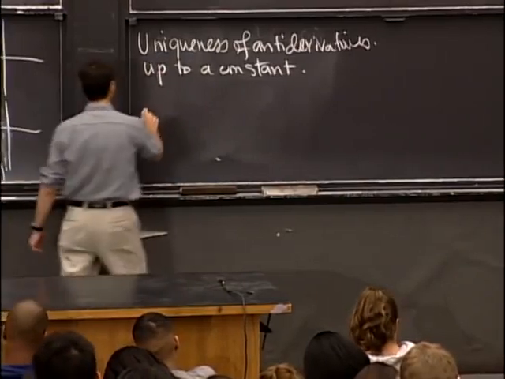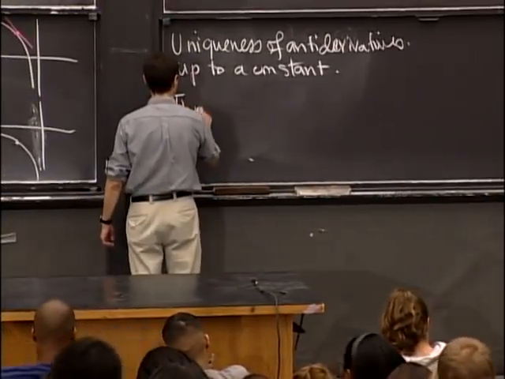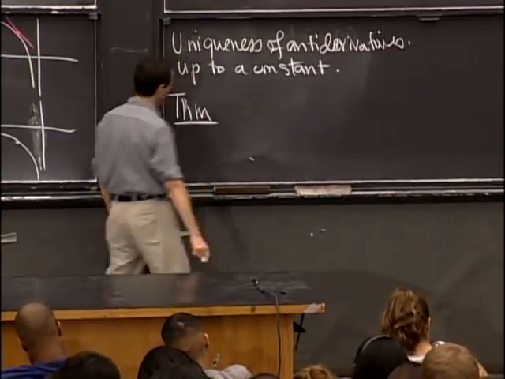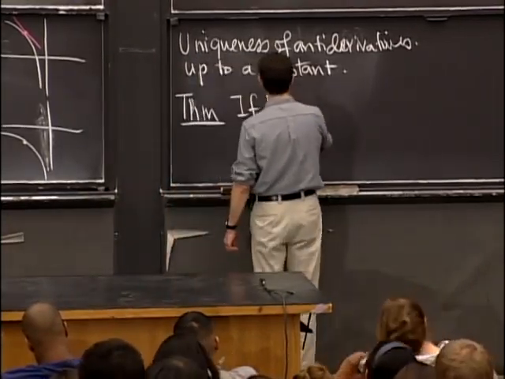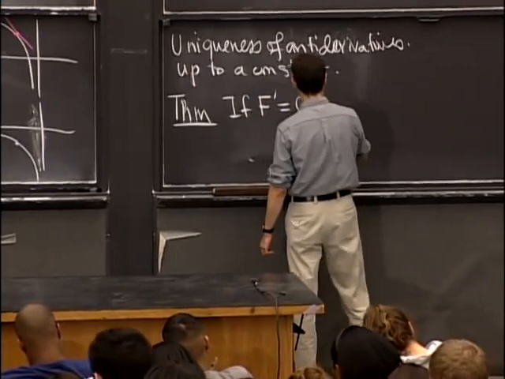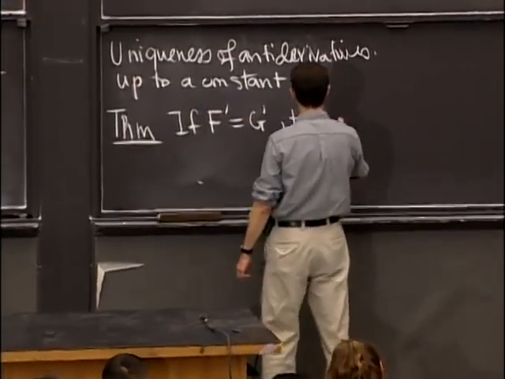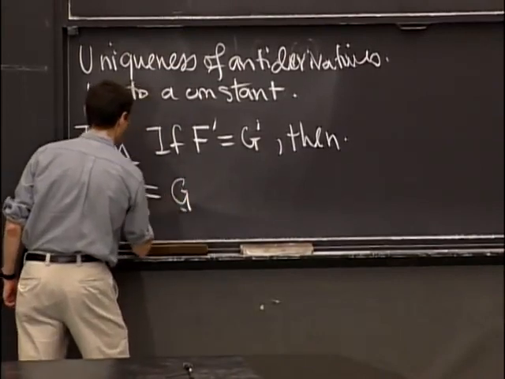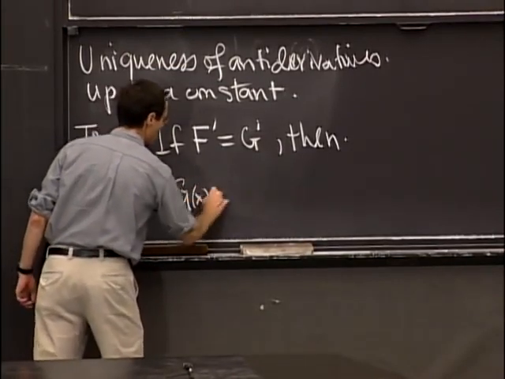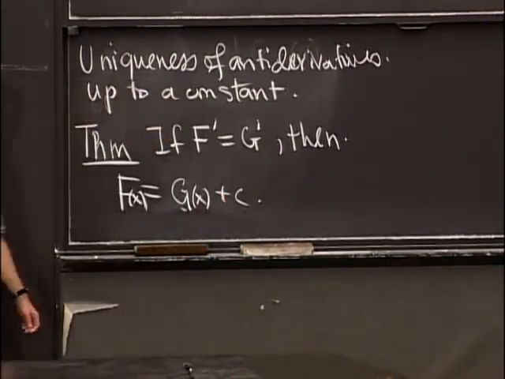The theorem is the following. If f prime equals g prime, then f equals g, so f of x equals g of x plus a constant.